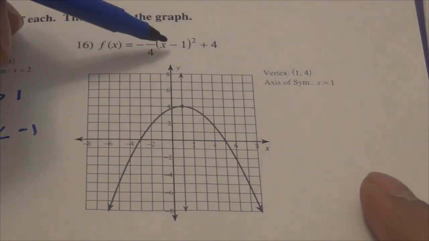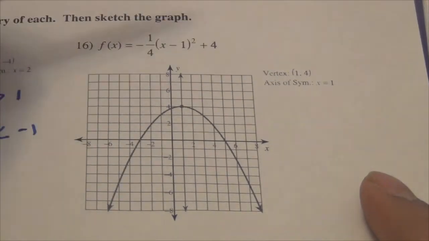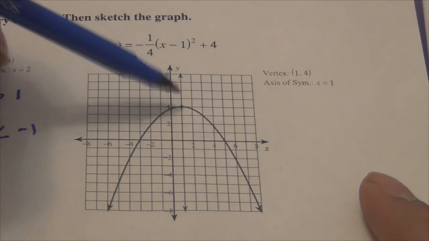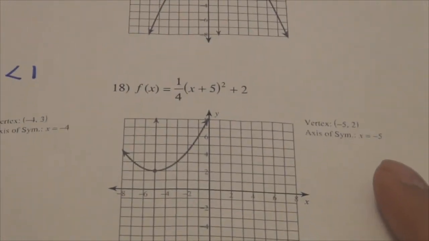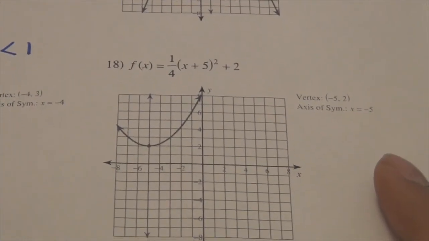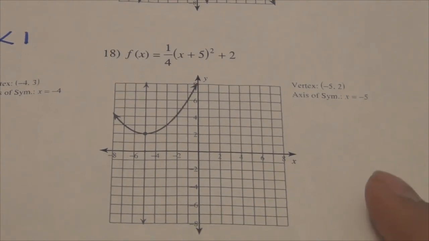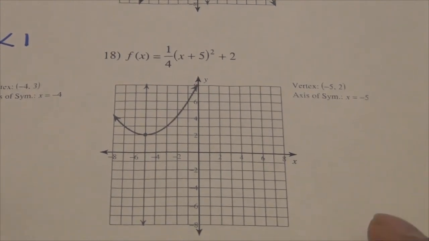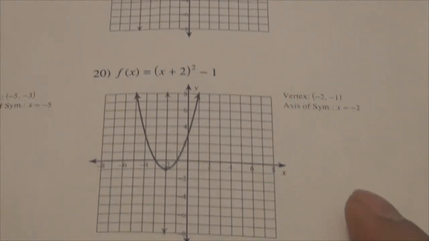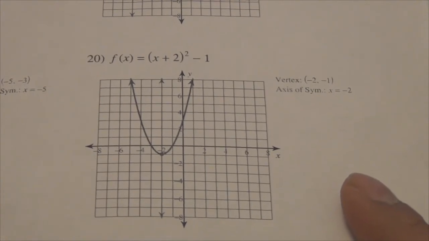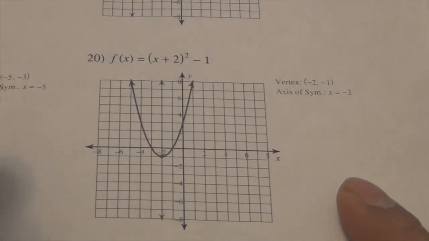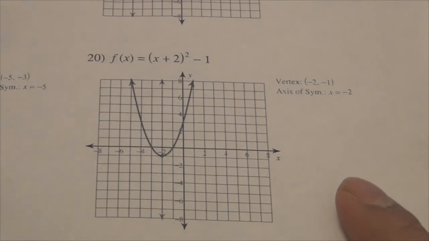So the vertex is 1, 4, and the axis of symmetry is 1. Nice. Alright, 2 units to the left and it goes down 1 unit.